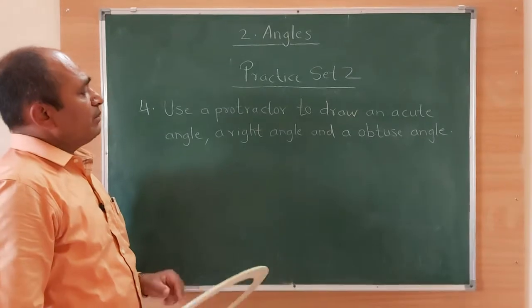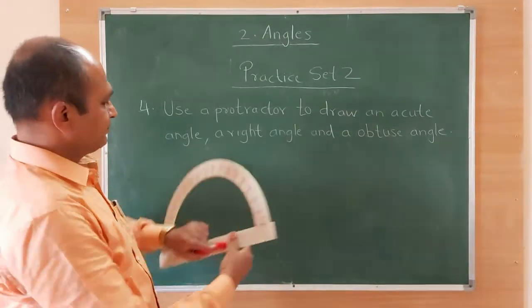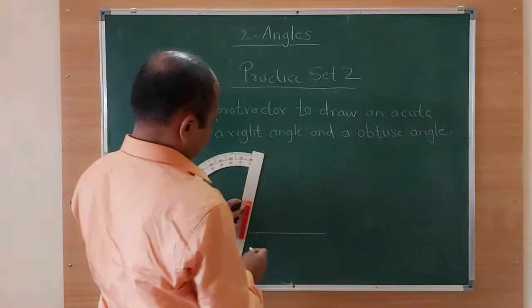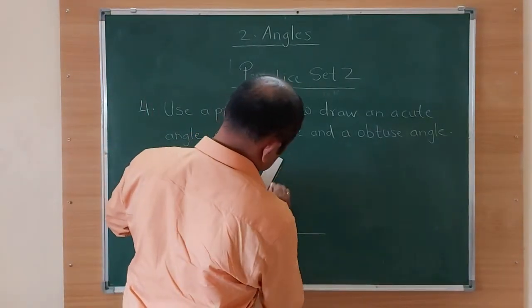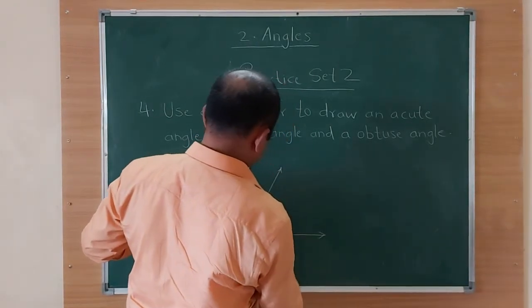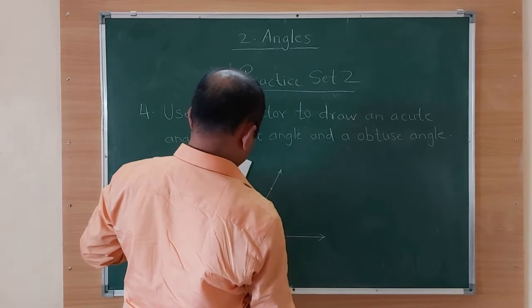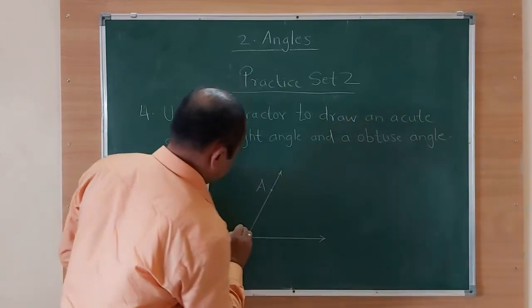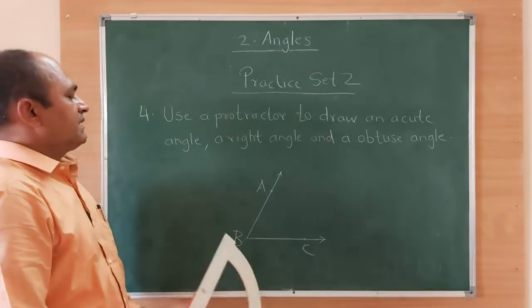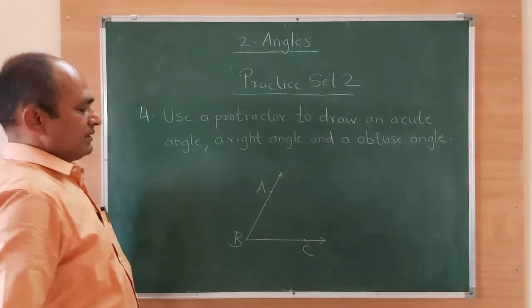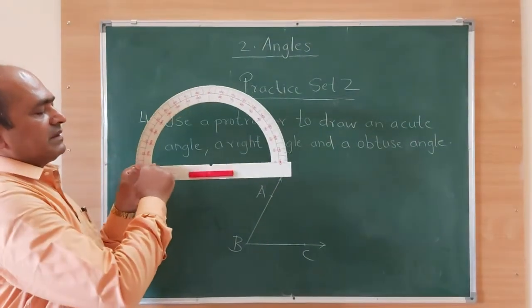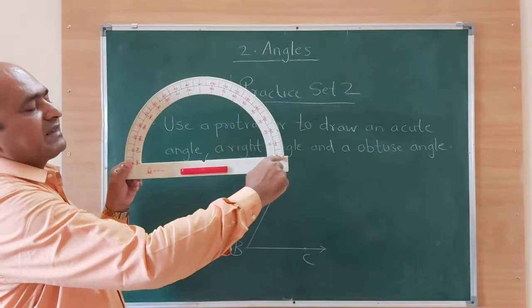So whenever you are measuring an angle, suppose this is angle ABC and I want to measure it. This is the baseline of the protractor.